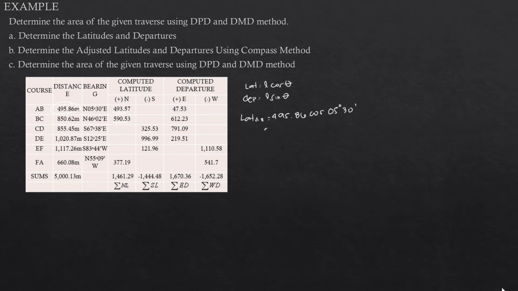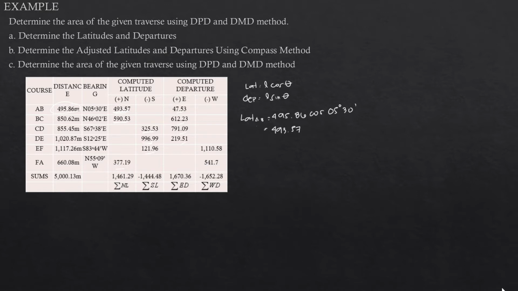So, ito is equal to 493.57. Okay. So, ganun yung gawin nyo dito. L cos theta para sa latitude. Then, sa departure, L sin theta or bearing.